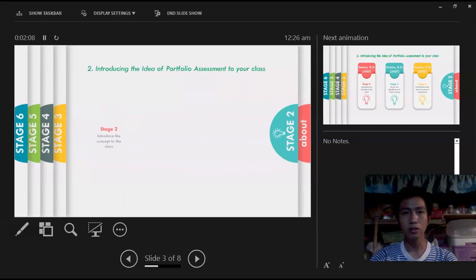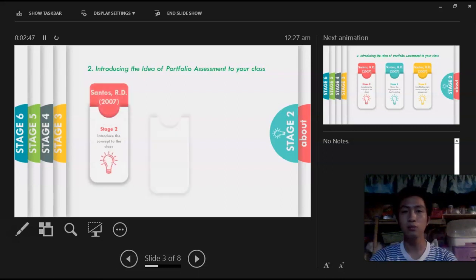The second one is introducing the idea of portfolio assessment to your class. So this stage is just like the first stage. Napakahalagang malaman ng mga mag-aaral ang kahalagahan ng kanilang ginagawa, or at least they familiarize themselves with the concept of this assessment, at responsibilidad natin ito bilang isang guro o para sa mga magiging guro to explain to them what the portfolio means and the concept of portfolio assessment, and providing better examples.